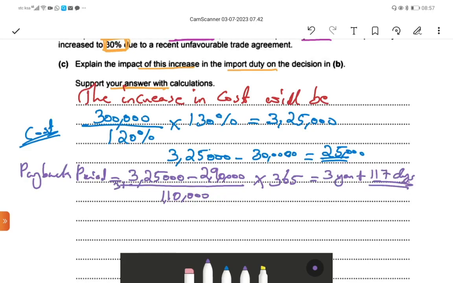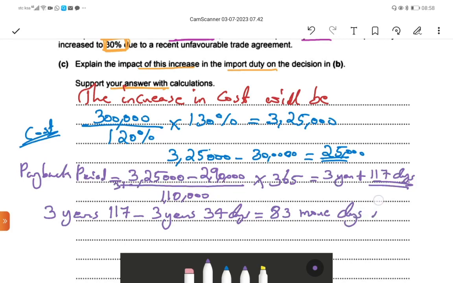Before it was 3 years. So what is the difference? 3 years 117 days minus, before it was 3 years 34 days, right? So 83 more days to pay back. Payback is 83 more days.